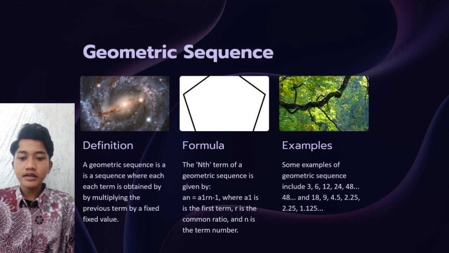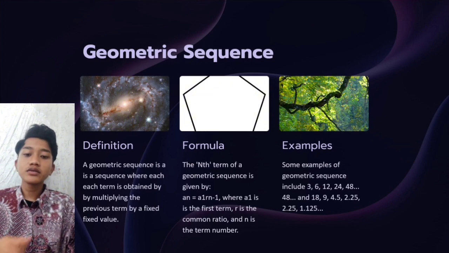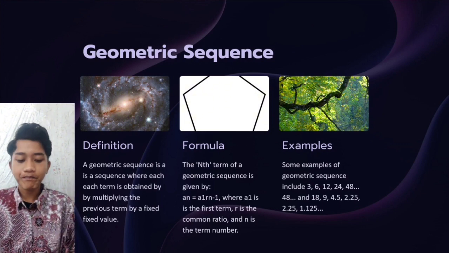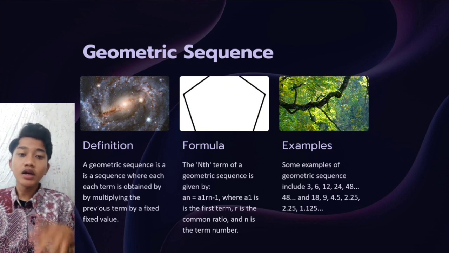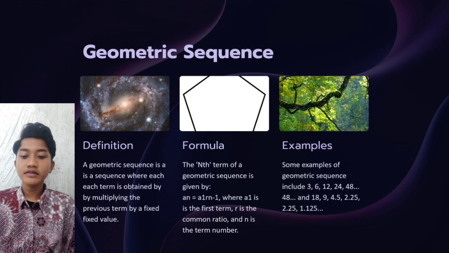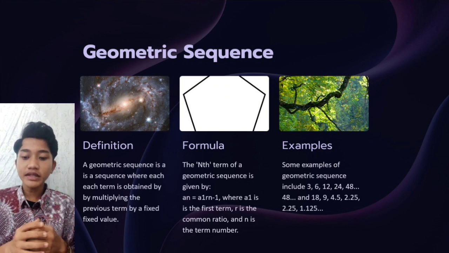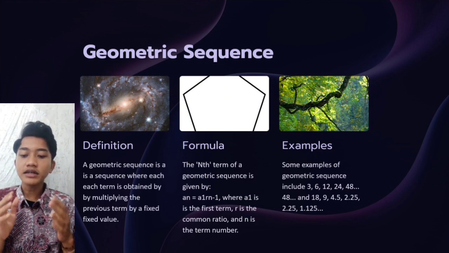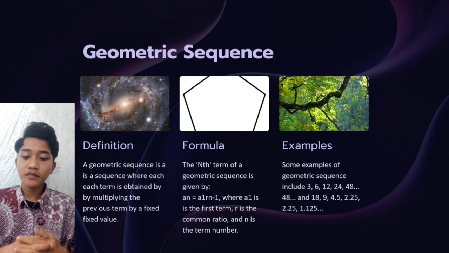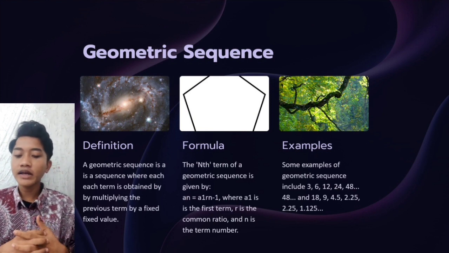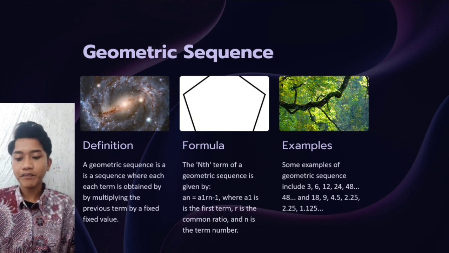Okay guys, next to point 4: geometric sequence. Number 1, definition. A geometric sequence is a sequence where each term is obtained by multiplying the previous term by a fixed value.